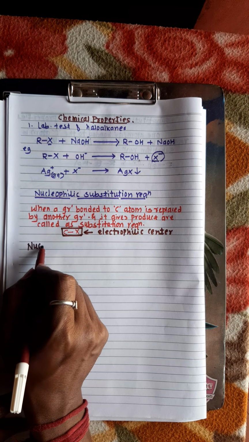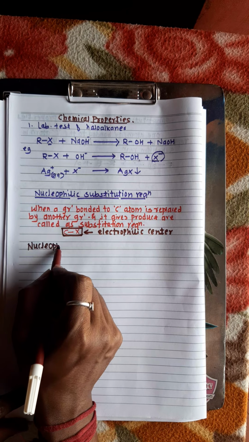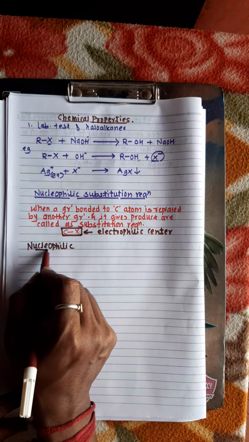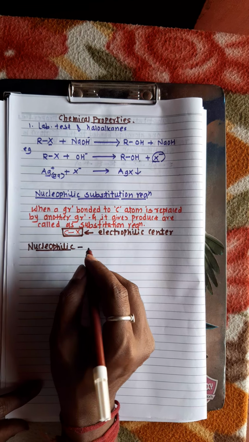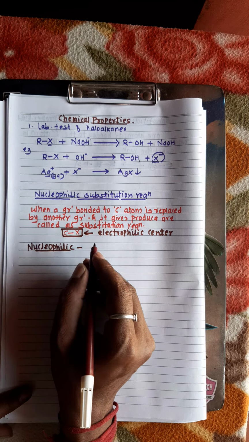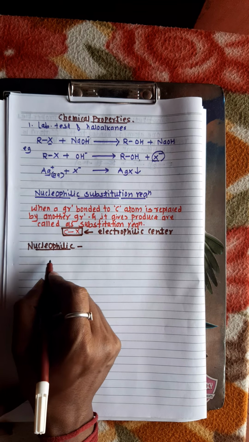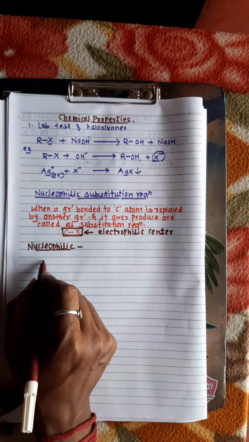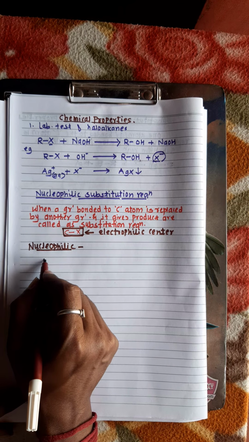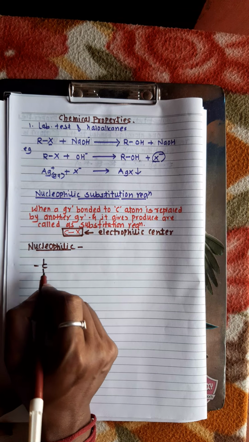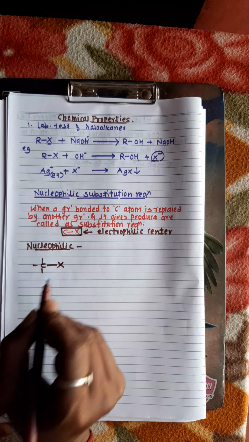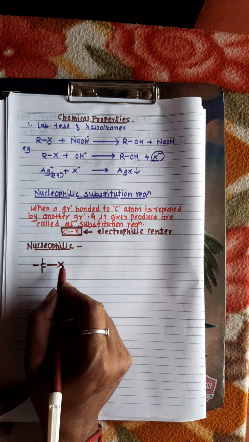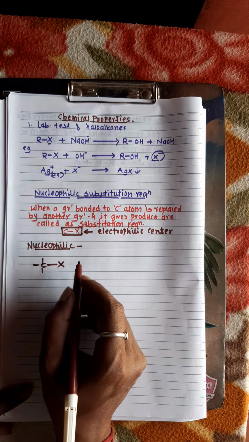In a nucleophilic substitution reaction, there is a carbon which is bonded to halogen.